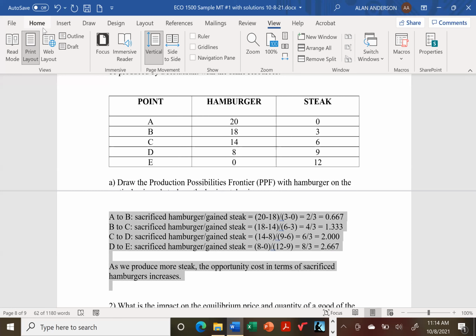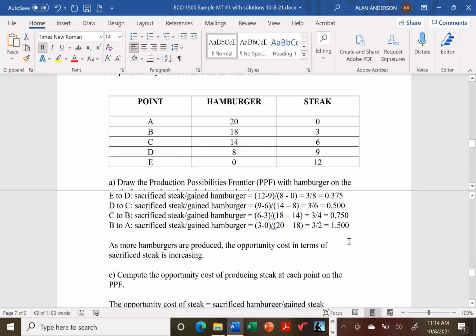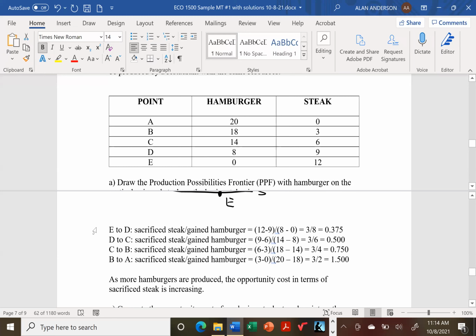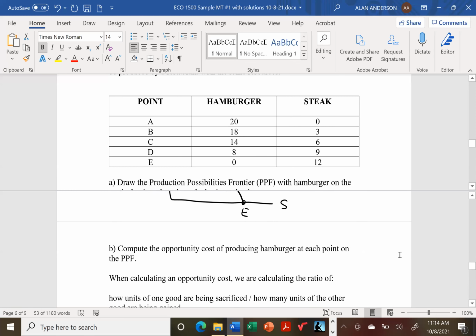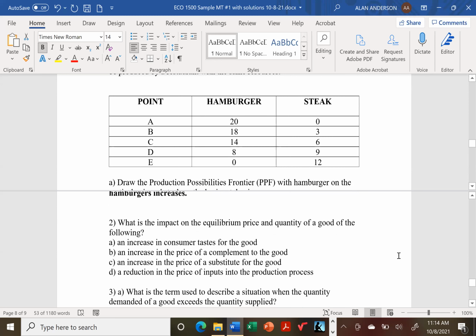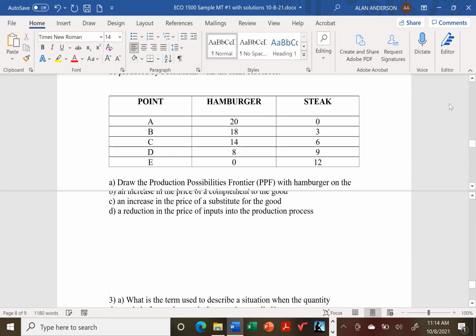All right. So let's see. Let me highlight these. All right. I think that's good enough. Now, what is the impact of the following? Oh, here we go. So again, these are cases where we're changing either the supply or the demand.